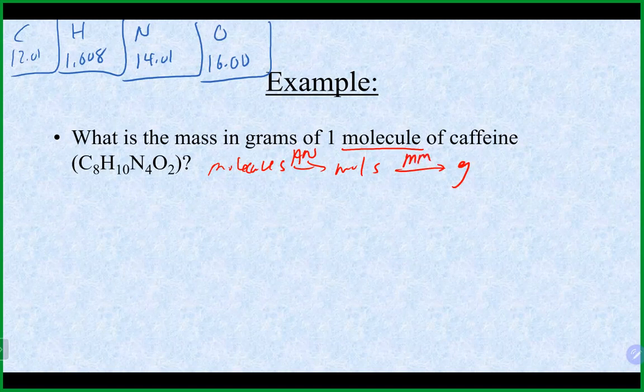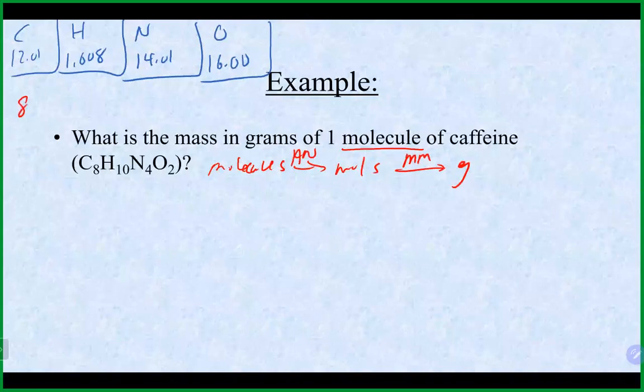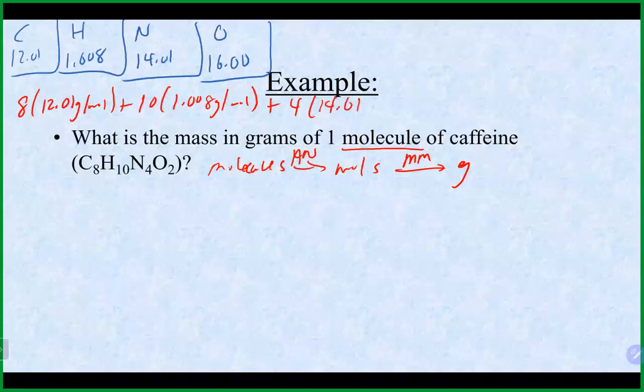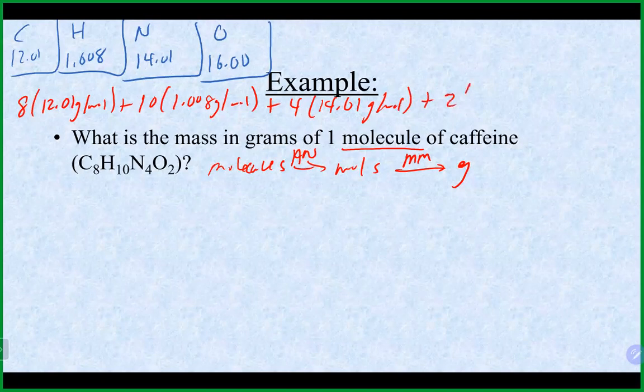So we're going to add up all the parts. That's going to be 8 times our carbon molar mass, which is 12 grams per mole, plus 10 times hydrogen's molar mass, which is 1.008 grams per mole, plus 4 times nitrogen's molar mass, 14.01 grams per mole, and finally 2 times oxygen's molar mass.